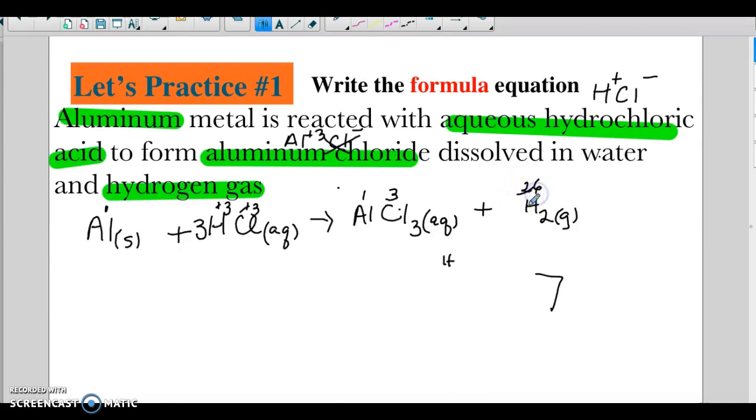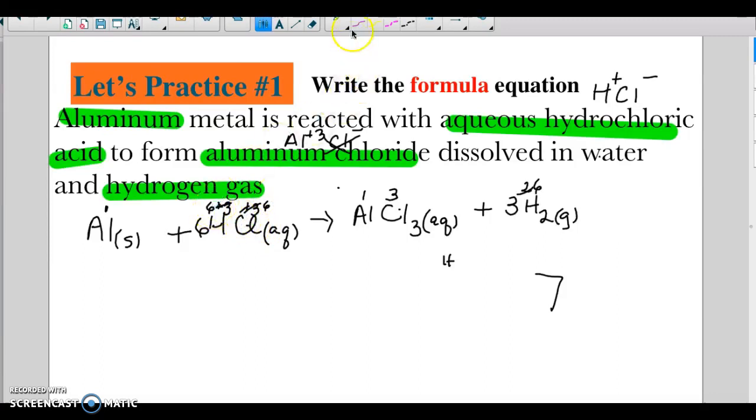So if I want to have 6 here, I'm going to put a 3. And like I said, I could tell I was going to have to use my eraser, but that's okay. So now I'm going to need to have 6 of them, so I would have to put a 6 here. Now, by having that 6 there, I also have 6 of the chlorides.